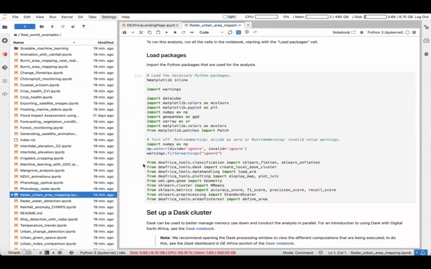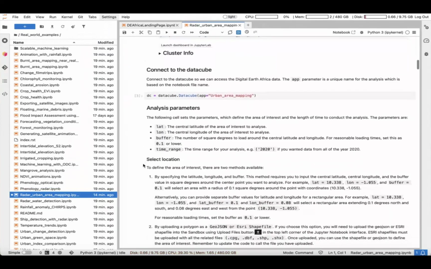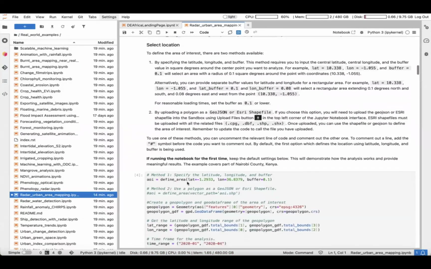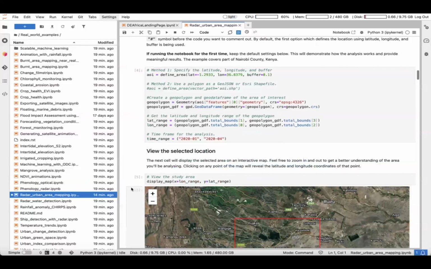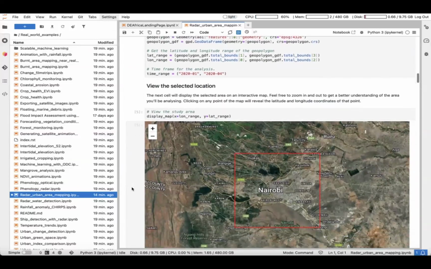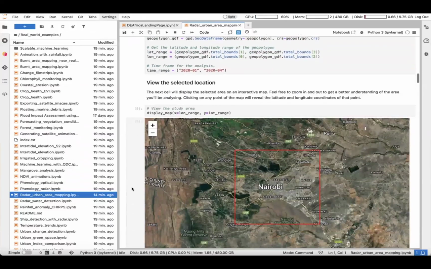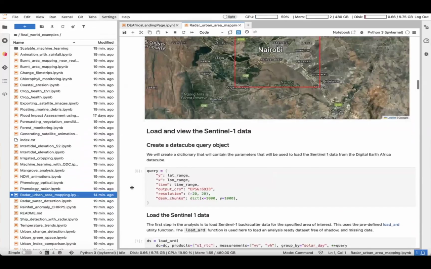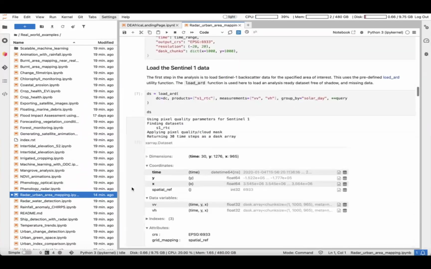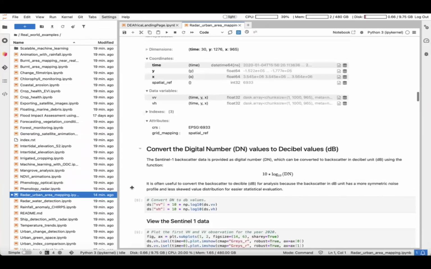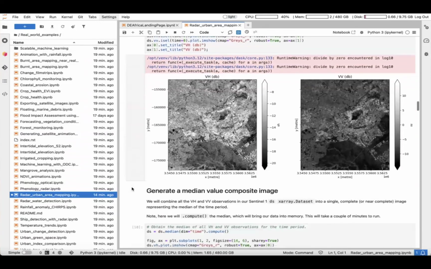First of all, you load the various packages, change the area of your extent, for example the city of Nairobi, those are the extents, looking possibly over a period of 1 year or two, and load the Sentinel-1 data for that particular time.